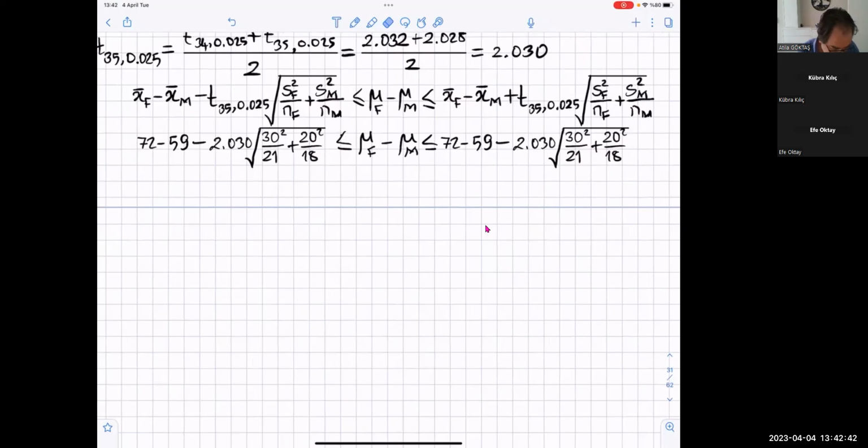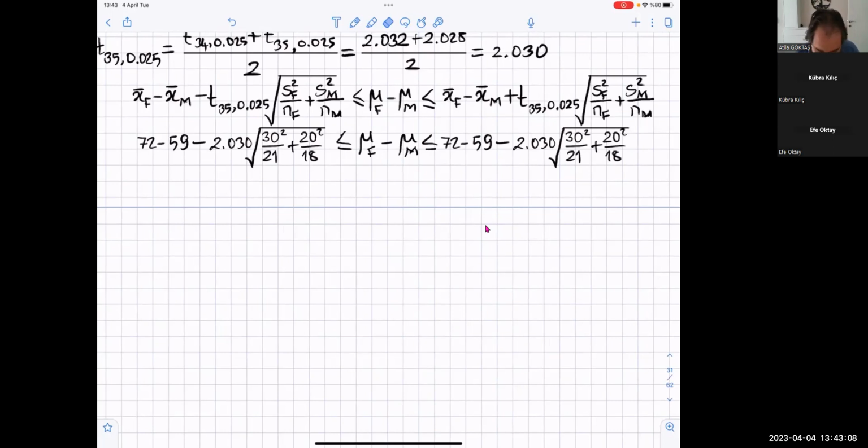10 minus 59 times minus 2.30 times the square root of 20 squared divided by 21 plus 20 squared divided by 18.